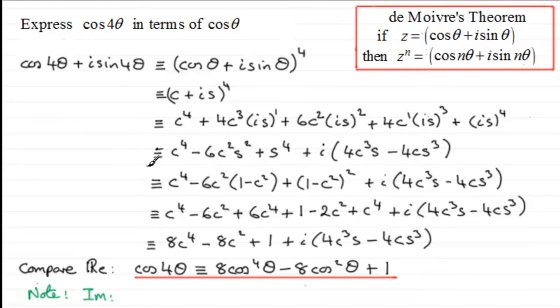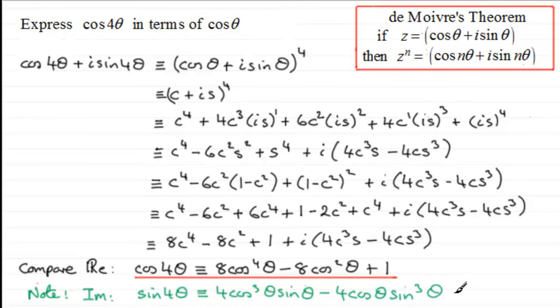And if we compare the imaginary parts, we would have sine of 4 theta is identical to, and we just take the imaginary part here, and it would be 4 cos cubed theta sine theta, and then we'd have minus 4 cos theta and then sine cubed theta.